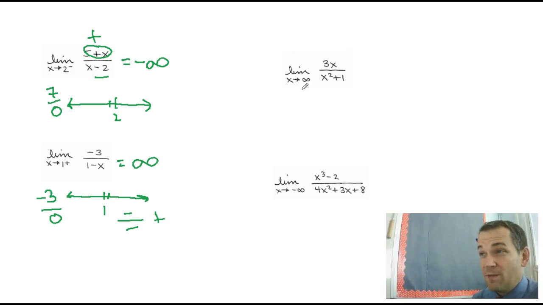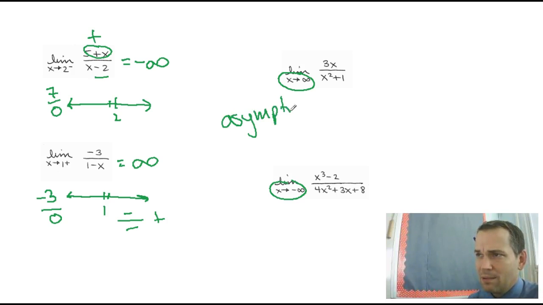For this guy, this is a totally different example. We have x approaching infinity or negative infinity. So when our x's approach some kind of infinity, we want to think about this as asymptotic behavior. And for these kinds of expressions, we're going back to our pre-calculus work and how to determine the horizontal asymptote.